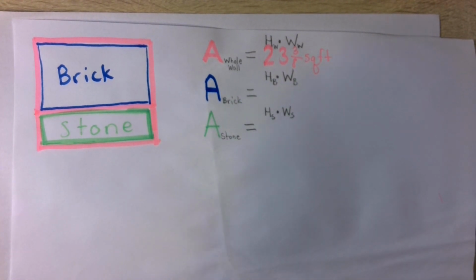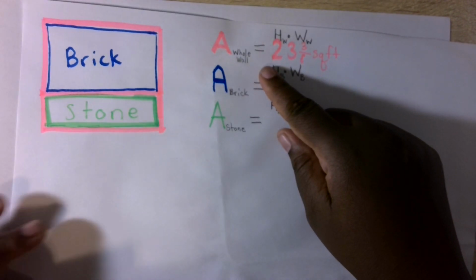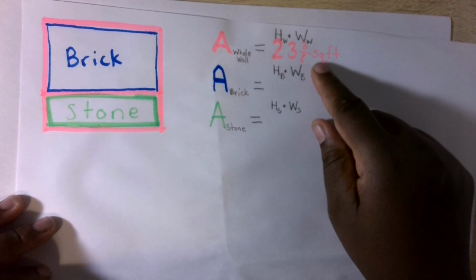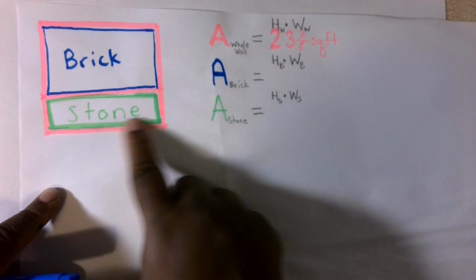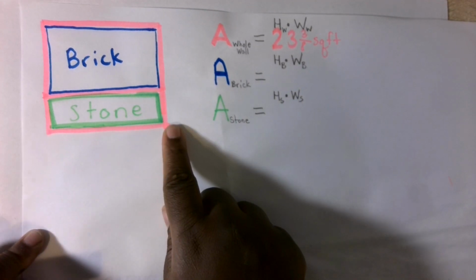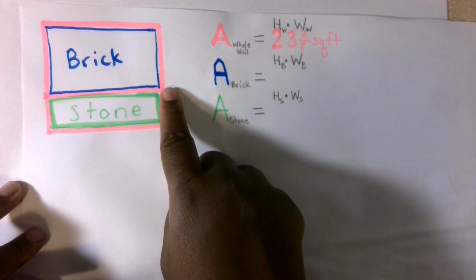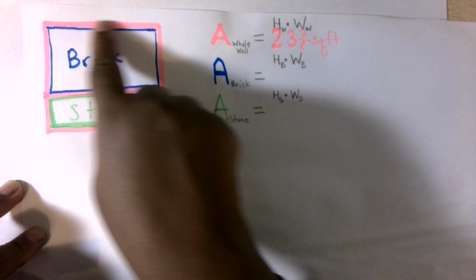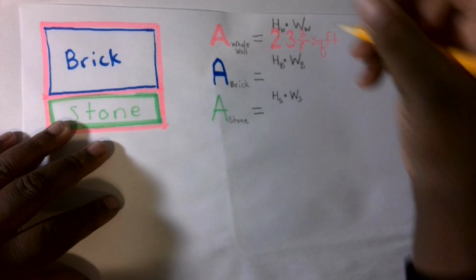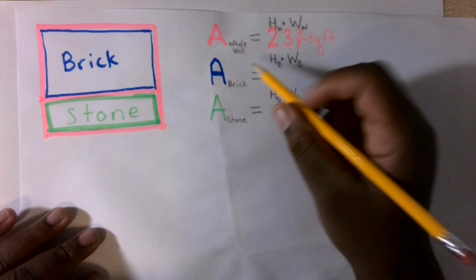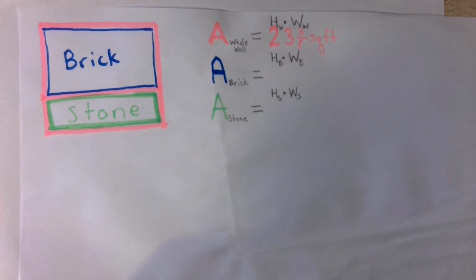They do not tell me the height and the width of the whole wall, but they do tell me the area. And when I look at the diagram again, I'm given the width of the stone wall, so I'm also given the width of the brick wall, which means I'm also given the width of the whole wall. So I do have the width of this whole wall.